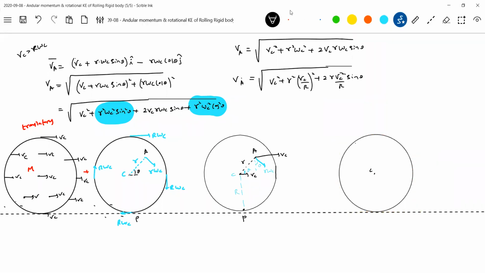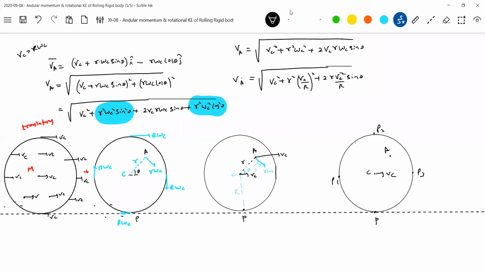That should be Vc only. And this was the point, let me take this as point P1, P2, and let me take this as P3. Some arbitrary point we have already shown. So if you want, I'll bring that arbitrary point A.